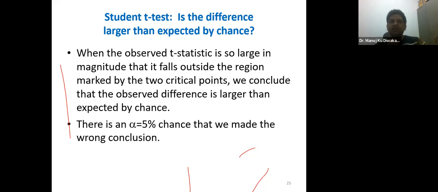Is the difference larger than expected by chance, or is it due to the data? When we observe that the t statistic is so large in magnitude that it falls outside the region marked by the two critical points, we conclude that the observed difference is larger than expected by chance.